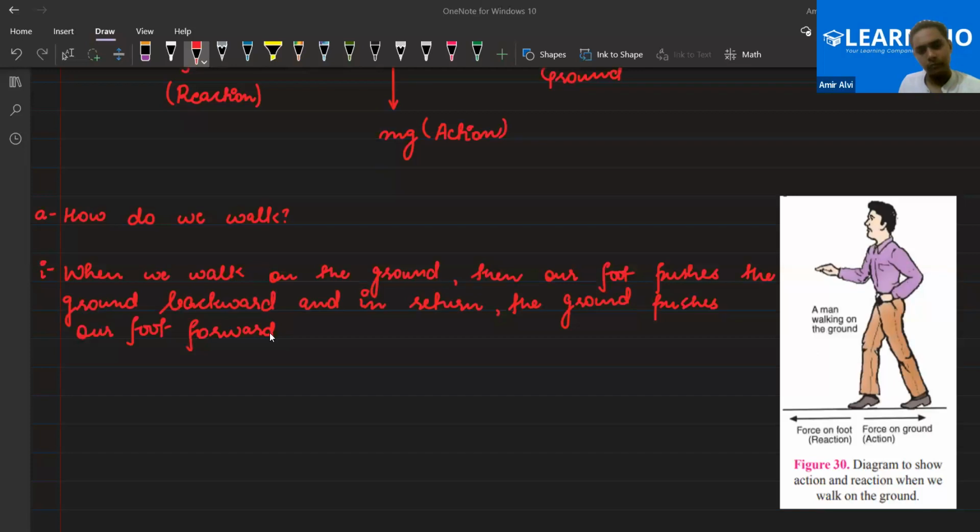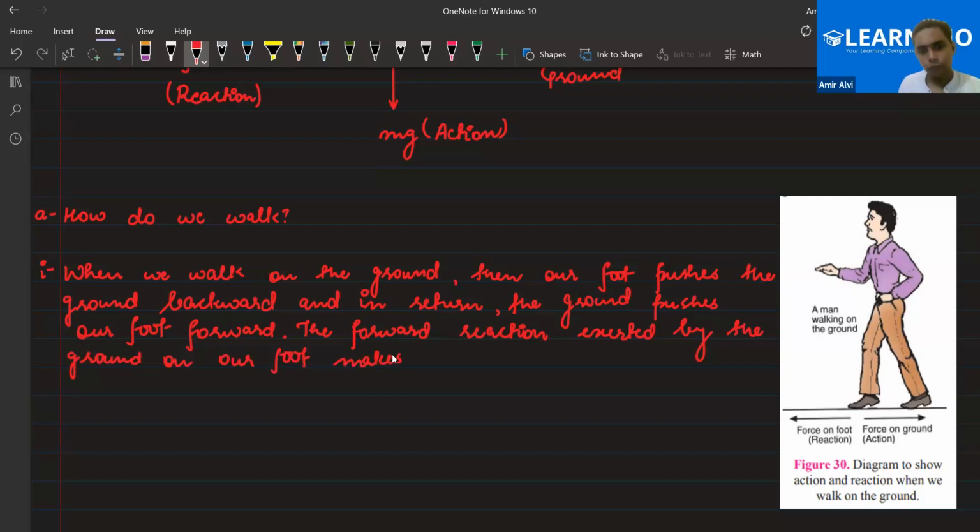Okay. The forward reaction exerted by the ground on our foot makes us walk forward.